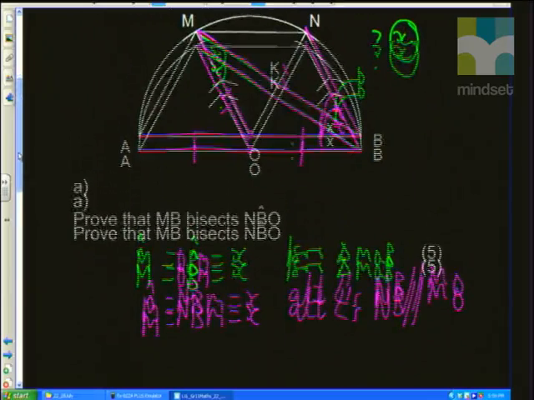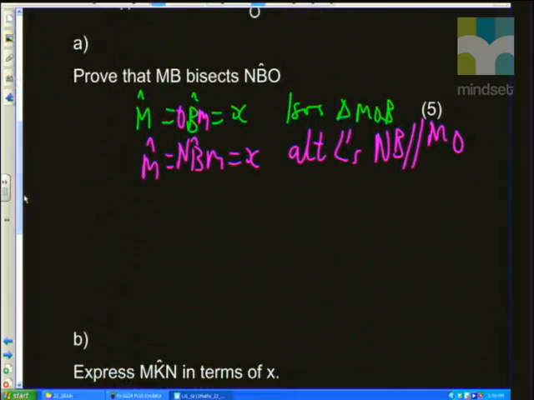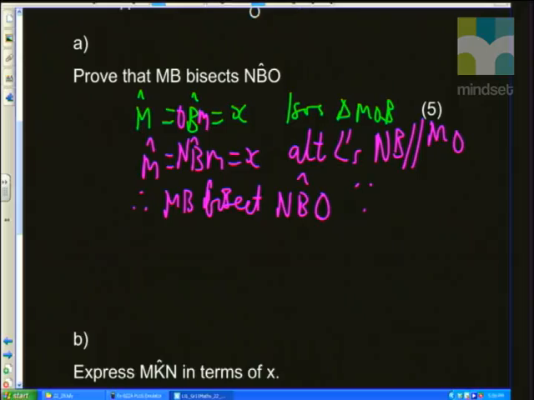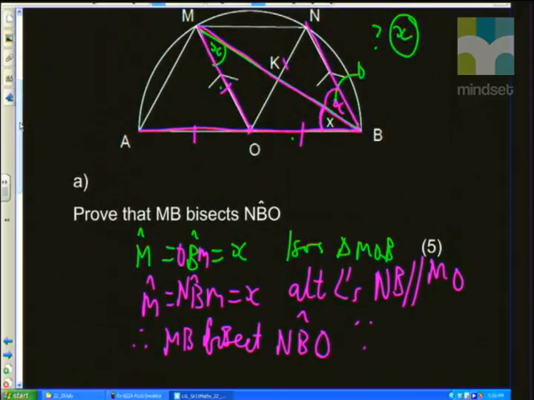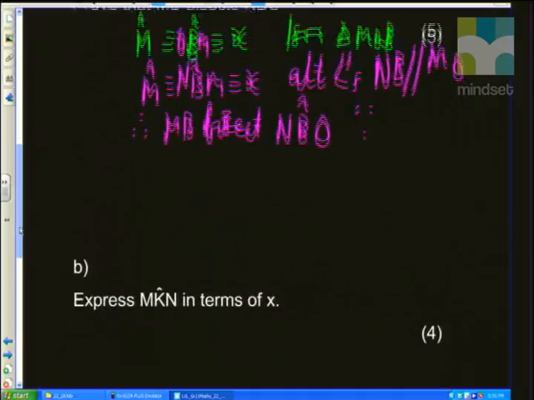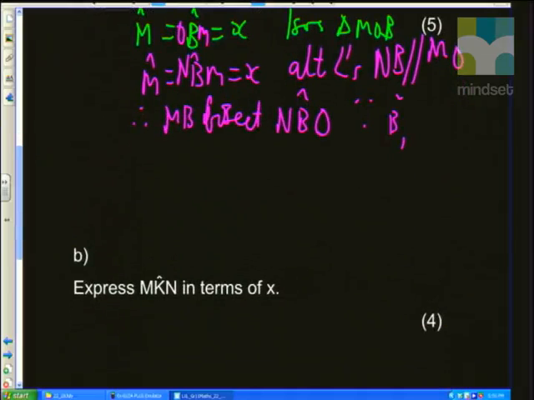Now, we conclude, therefore, MB bisects NBO, because let's call this B1 and that B2, B1 equals B2.